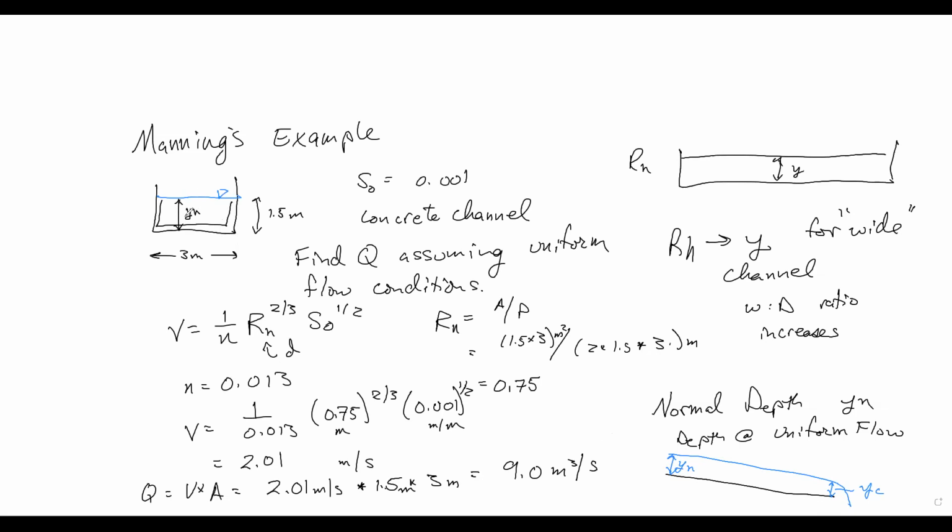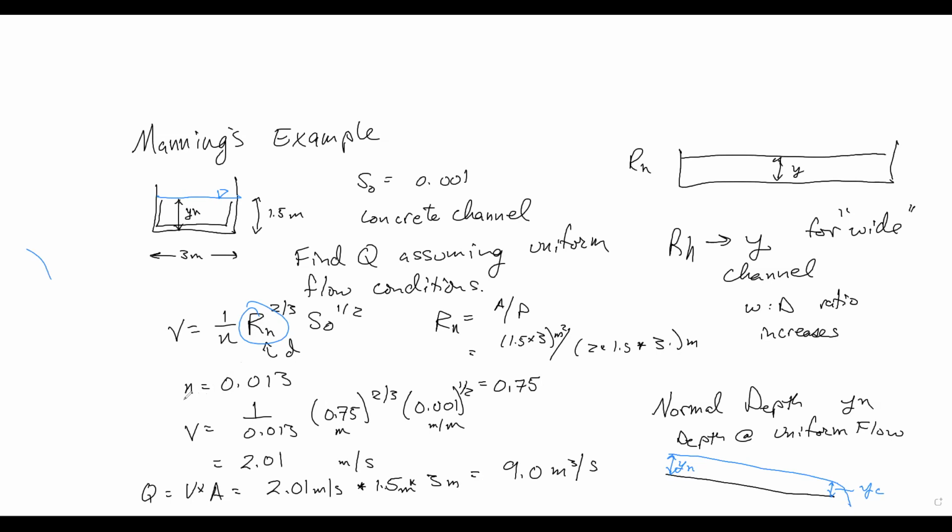Alternatively, if we were given a discharge, a flow rate, so we know we need to move 9 cubic meters per second through this canal, how deep does that canal have to be for a given width? You could use Manning's equation inversely to calculate the depth that is embedded in this term right here. We have a flow rate, we've got an area, but that area is a function of depth.